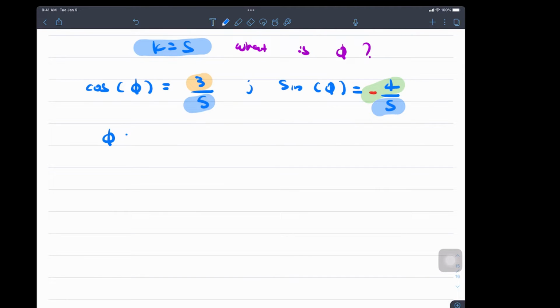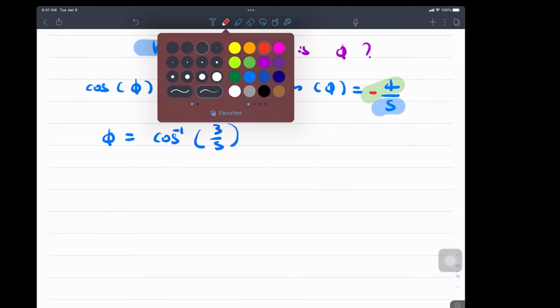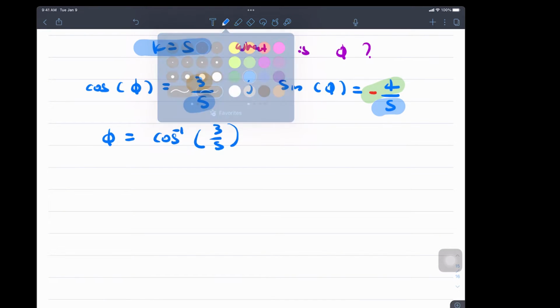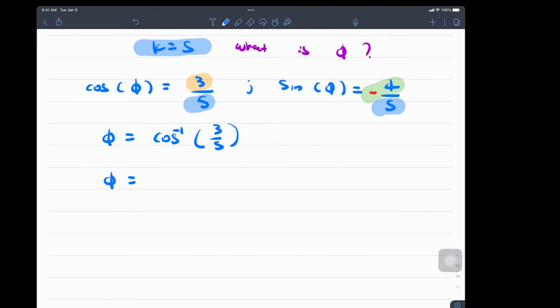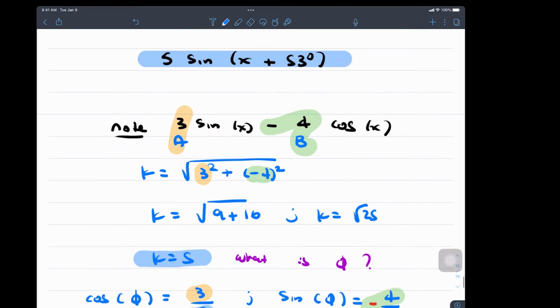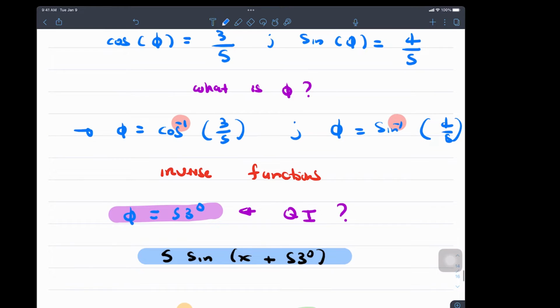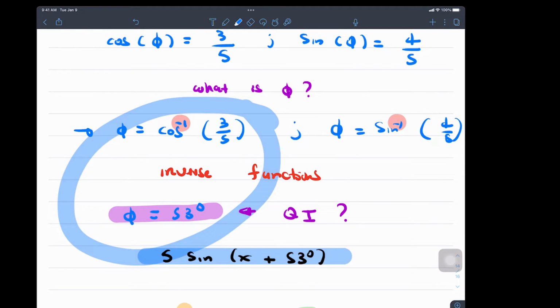This means phi will be what? Inverse cosine of 3/5. We already saw that. Is that right? You said, I did that already. I used that inverse, and I got 53 degrees for phi. Didn't we get that over here when I used the calculator in the past? This is what I'm saying. We did this. But what do you guys know about phi?